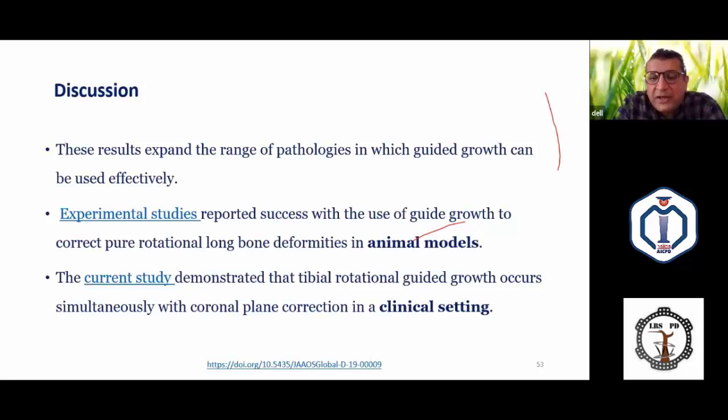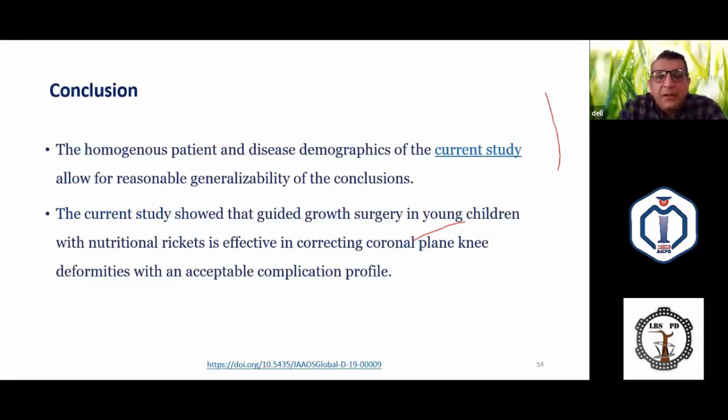But this was on a rabbit model. The current study demonstrated that tibial rotation occurs simultaneously with correction of coronal plane deformities by guided growth. So that's an important piece of information.